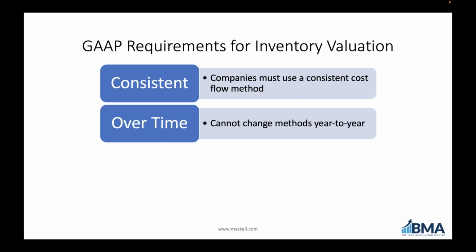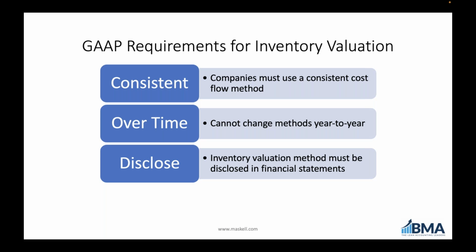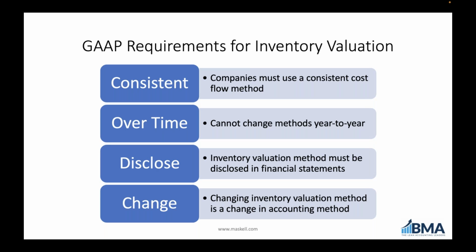Because depending on the cost flow method that you use, you could highly influence the profitability. Also, you have to disclose the inventory valuation method that you use in financial statements. And if you want to change methods, that's a change in accounting method, and that also has to be disclosed.